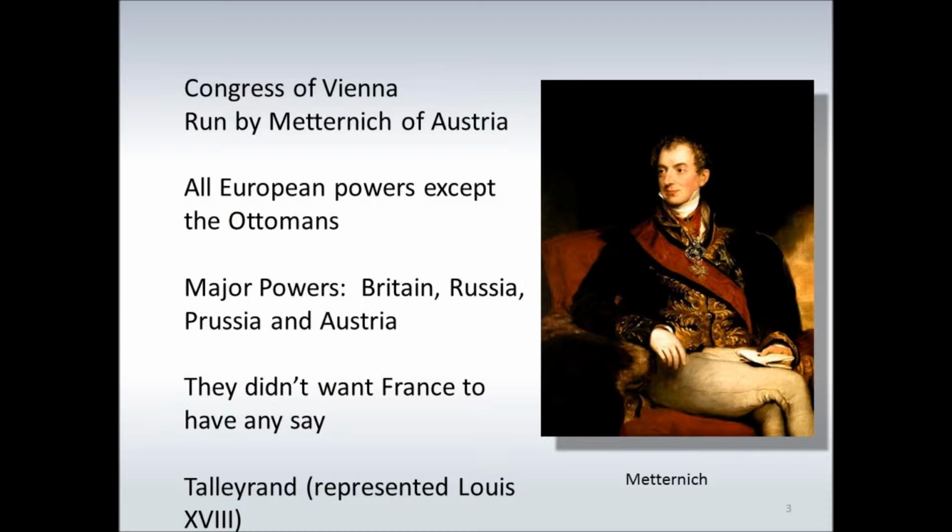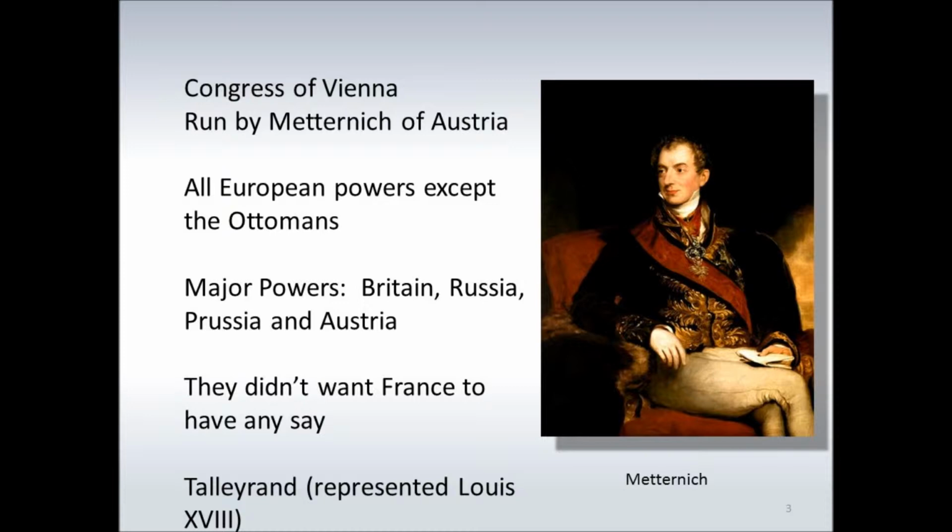Originally they didn't want France to be involved, but Talleyrand ends up getting his way and allowing France to be part of this big discussion, which actually makes sense. As I put up here, you've got the major powers of Britain, Russia, Prussia, and Austria. These are the major military powers in the early 1800s.